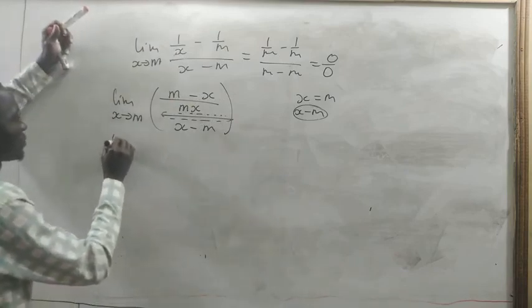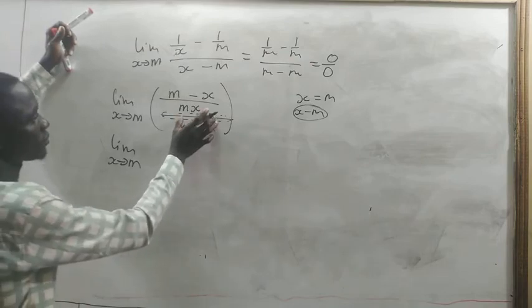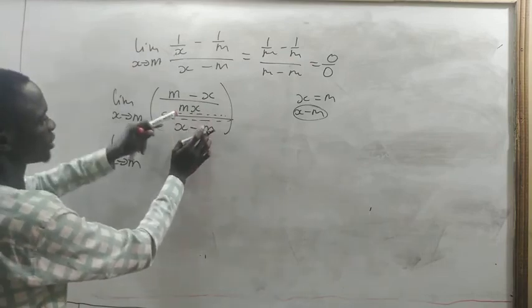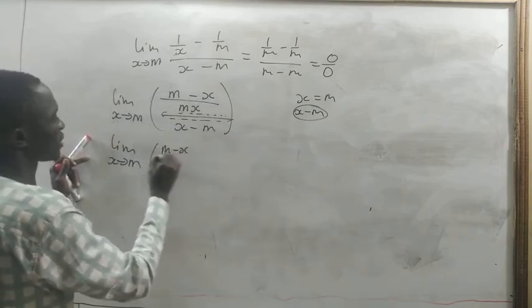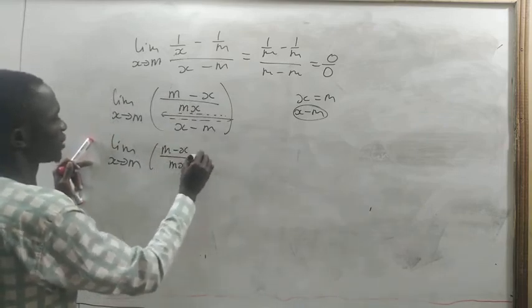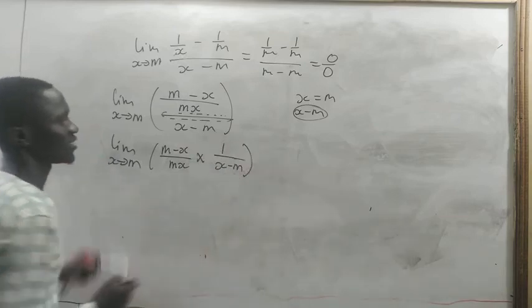This will be the limit as x approaches m. Yes, this one will turn upside down. So we have (m minus x) divided by mx times 1 divided by (x minus m). Yes.